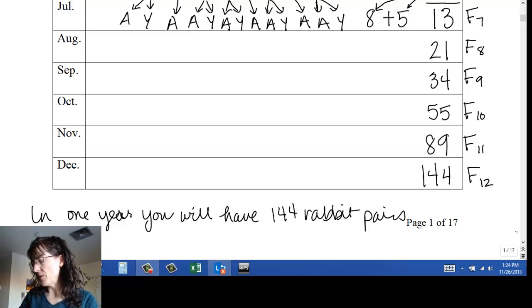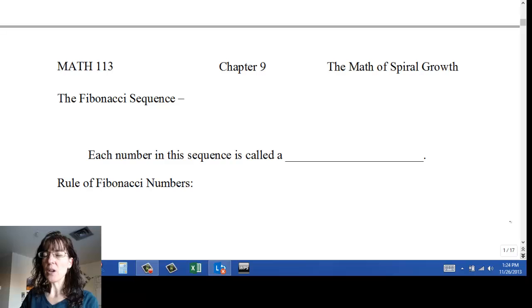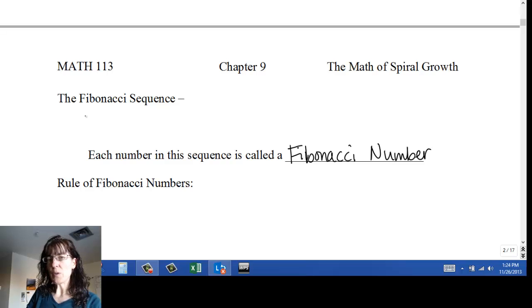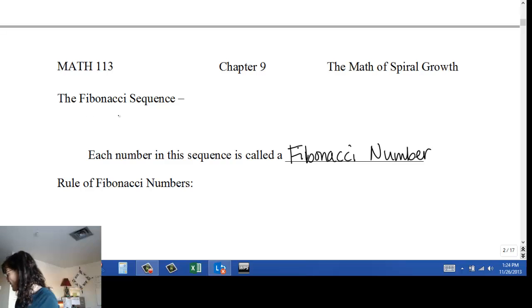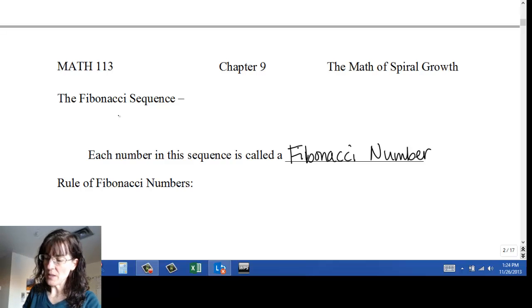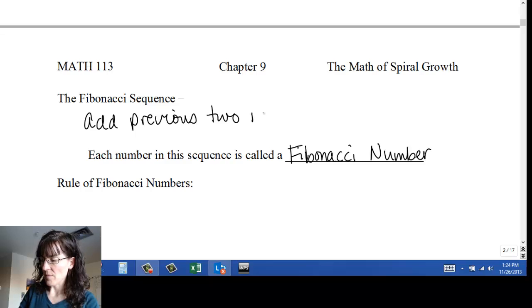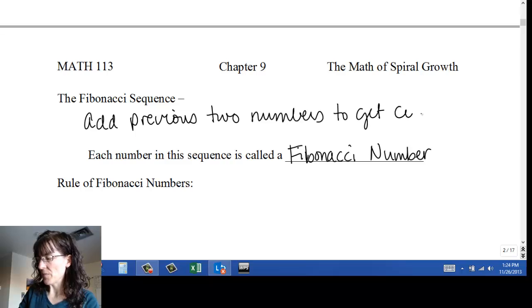And so these numbers that we just have been exploring are called Fibonacci numbers. Each number in the sequence is called a Fibonacci number. And the sequence is found by adding the previous two to get the current.